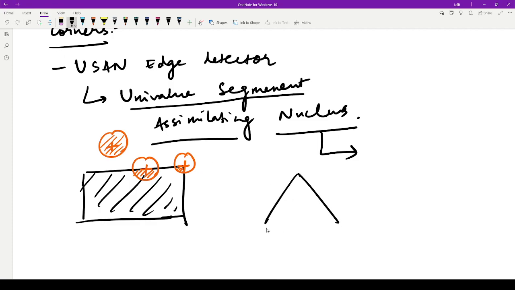If I take a triangle like this, and I keep my detector out here, it depends on what kind of triangle you're using, but in general, you will have less than 50% of the area being similar to that of the center pixel.